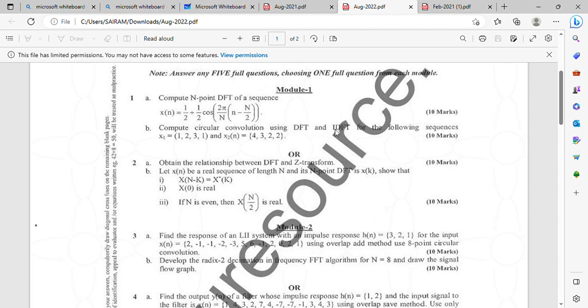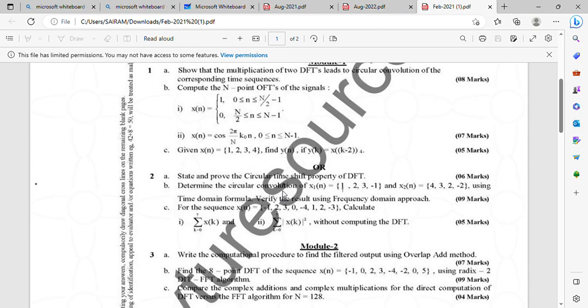As we're dealing with questions on circular convolution, we need to know how many types there are: one is the concentric circle methodology, and the other is the DFT and IDFT methodology. Here he has asked you to find the circular convolution using time domain and frequency domain. You need to solve it using the time domain formula and verify the result using the frequency domain approach.